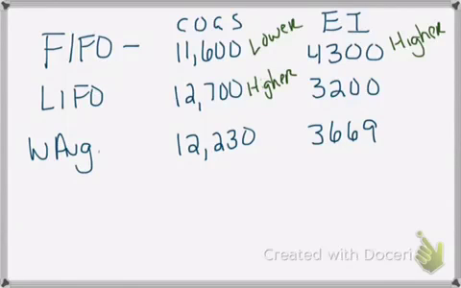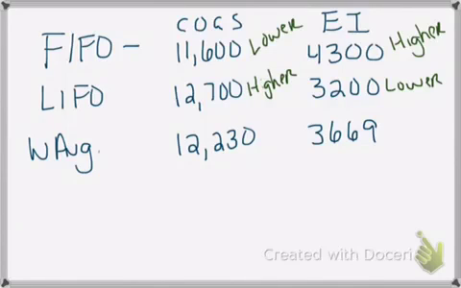Ending inventory, on the other hand, is those first units we purchased, which cost us less money. So for LIFO, ending inventory is generally going to be much lower in cost. And then our weighted average is going to be in the middle of those two because it's an average system where we're not looking at those first units or the last units, we're looking at an overall average.